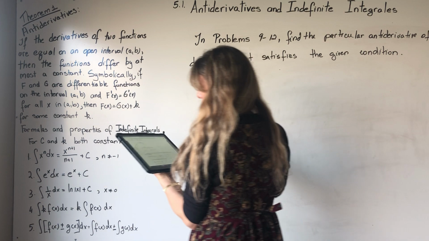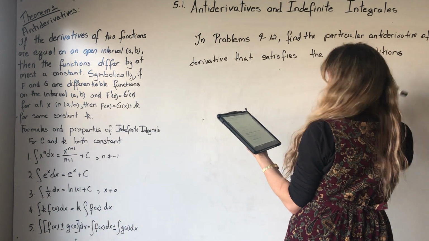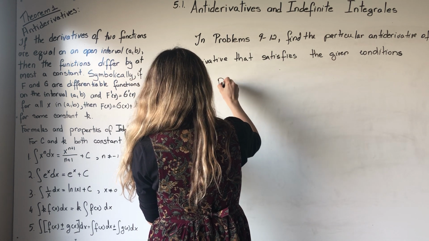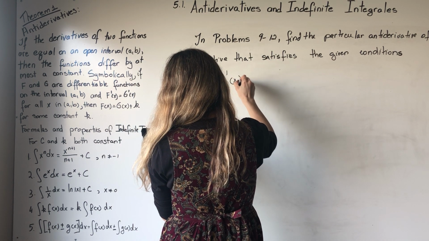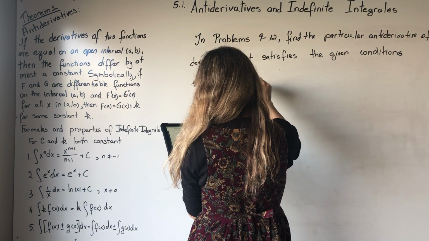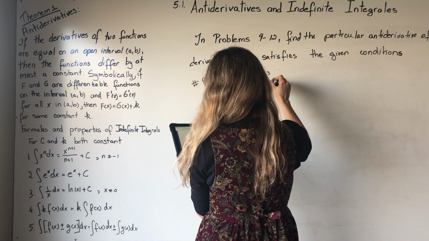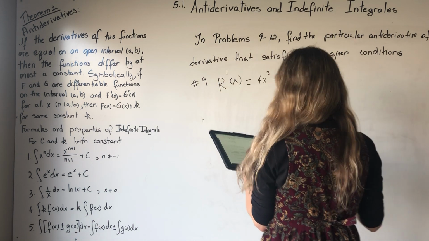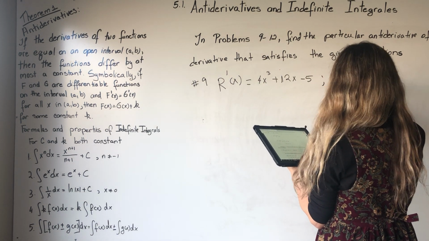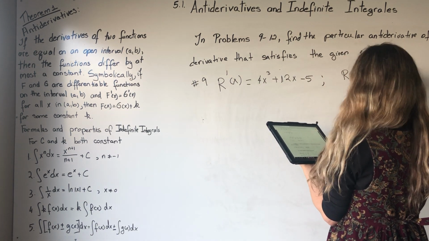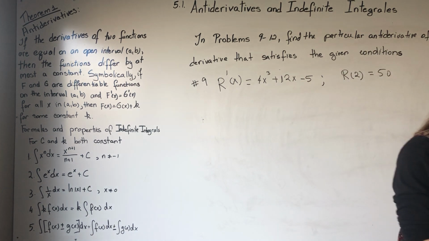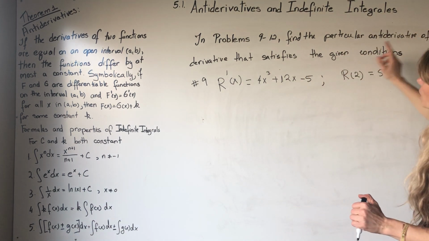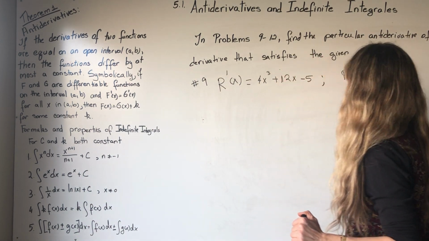Okay, so what is the condition? Number 9, r prime of x is equal to 4x to the third plus 12x minus 5. And I know that r at 2 is equal to 50. So we have to find the particular antiderivative of each of these derivatives that satisfies the given condition.